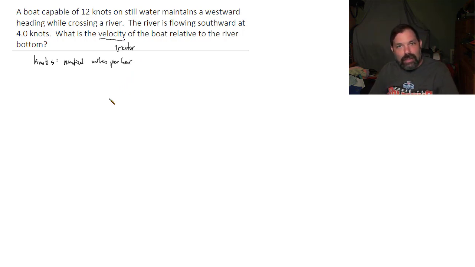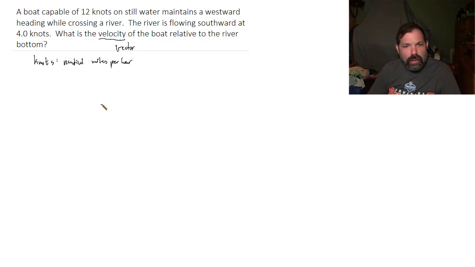And that's slightly different than a traditional mile per hour because we tend to think of most roads as being relatively flat, whereas a nautical mile on the ocean is curved. And so it's slightly different. Okay, anyways, so let's see what's happening here. We've got a boat capable of going 12 nautical miles per hour, but we also have a river that's flowing at 4 knots.